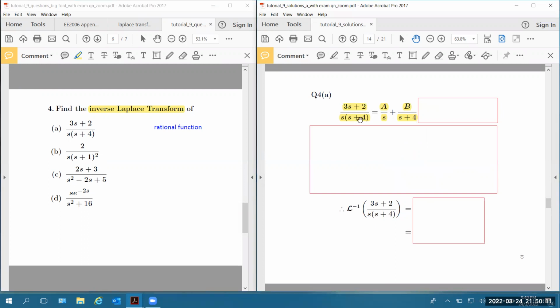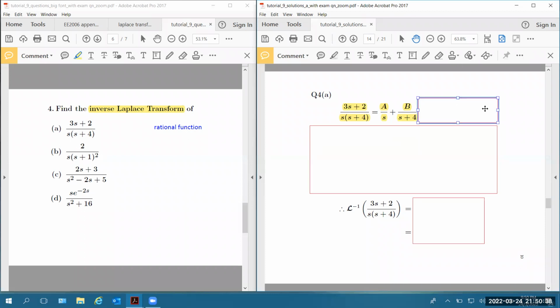If you look at our answer here, this is how you do partial fraction. Our rational function becomes A over s plus B over (s plus 4). Now we just go and get the constants A and B. I believe you all know how to get them, right?